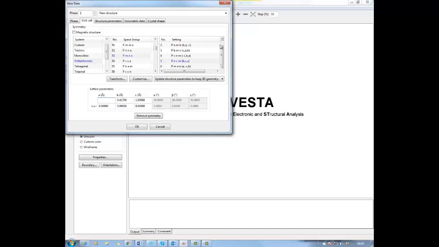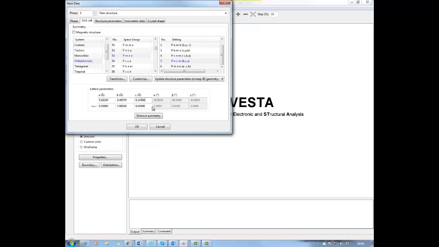The actual unit cell is 5.1824. The B-axis from cerussite is 8.4957, and the C-axis is 0.24560.